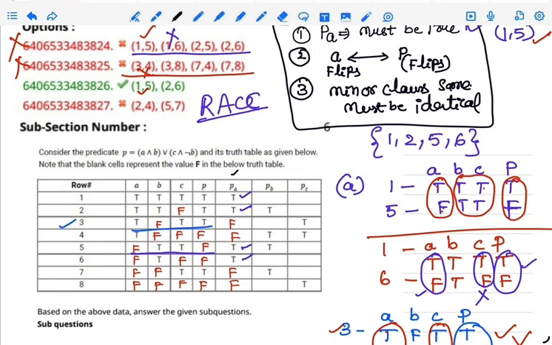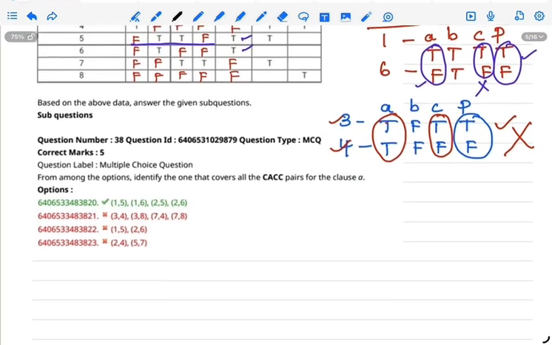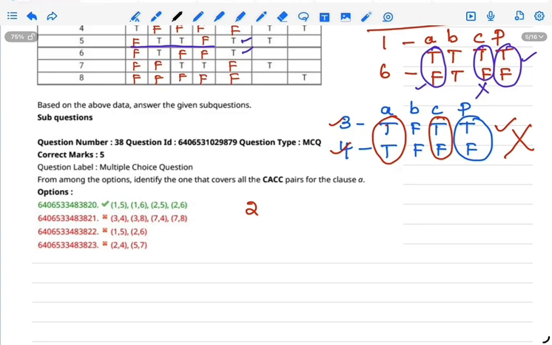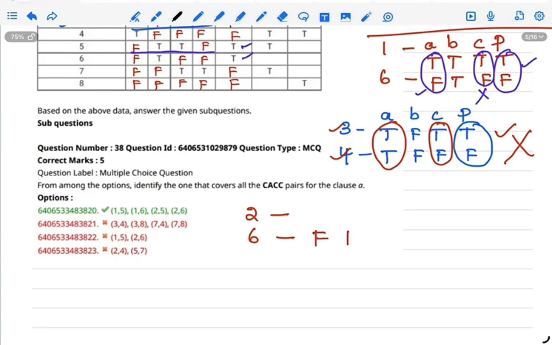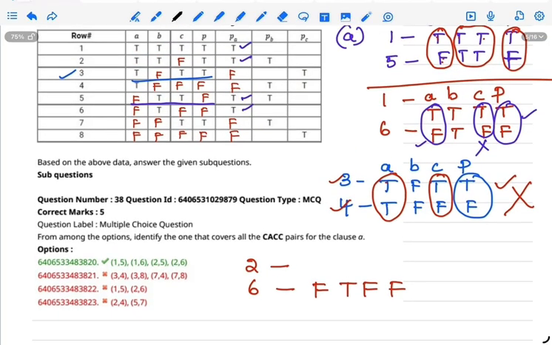2, 6. For this, 6 is false, true, false, false. And for 2, true, true, false, true. So this one is correct, right? Predicate is flipped and A is also flipped.